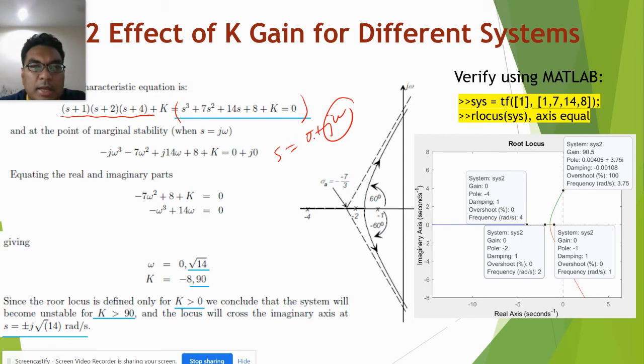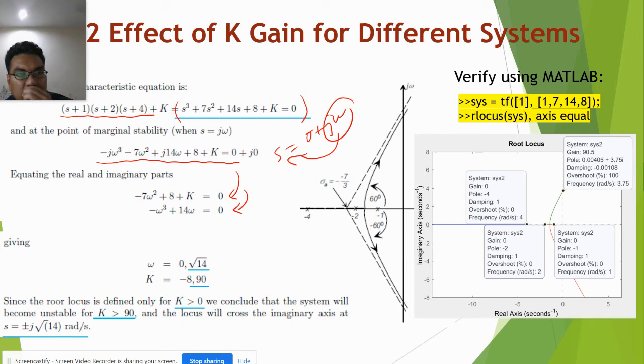By replacing s with j omega, you can have this solution, and then we can finally get the solution in these two forms. This one you can firstly solve for the omega value. From this equation you will get the values 0 and the square root of 14.